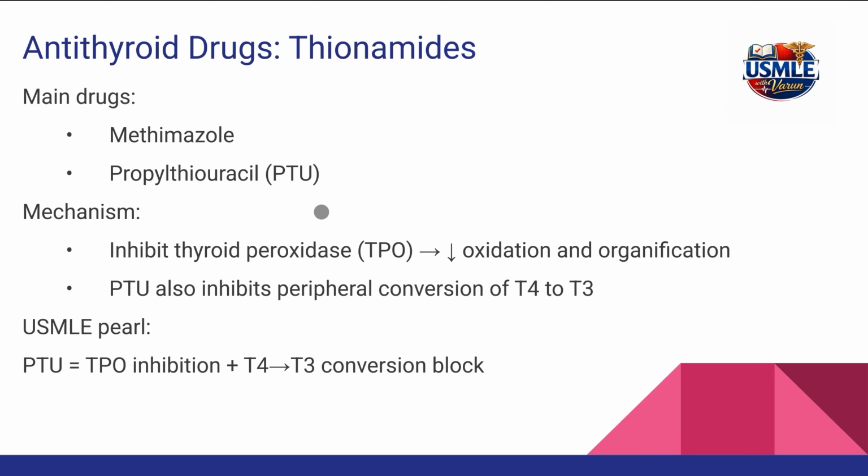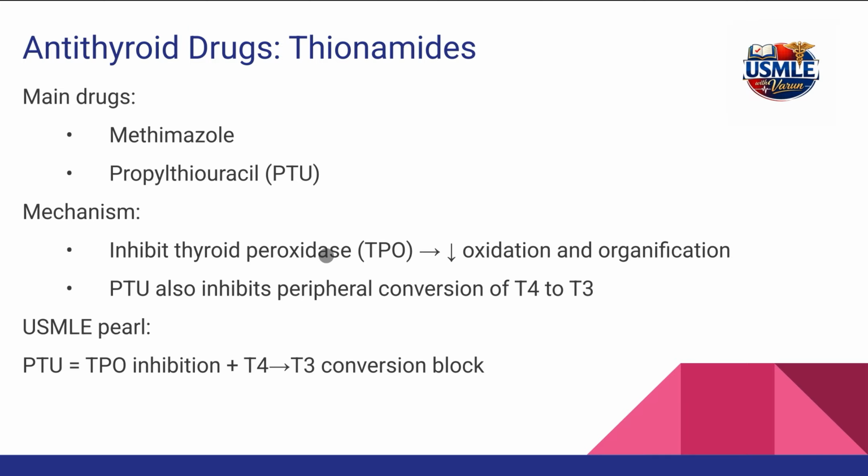Now coming to the first, antithyroid drugs, thionamides. The main drugs, like methimazole and propylthiouracil, inhibit thyroid peroxidase. Propylthiouracil also blocks peripheral conversion of T4 to T3. This peripheral conversion, as we have already discussed, is mediated by an enzyme called 5-D iodinase, and propylthiouracil inhibits this 5-D iodinase.